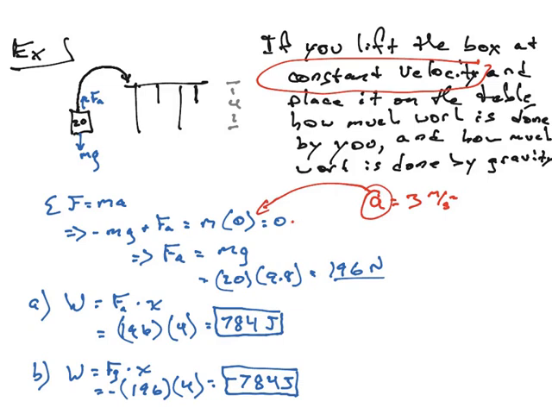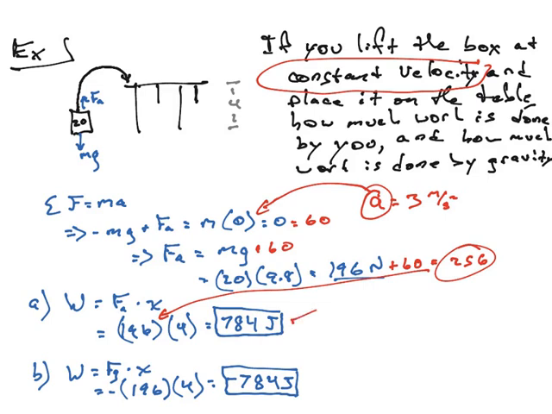So this would be m times 3, 20 times 3, which is 60. So then this would be plus 60, which would be 256. So then part A, instead of 196, would be 256 there.